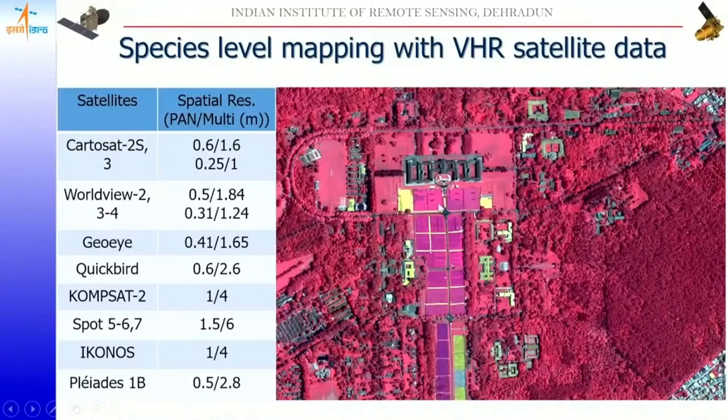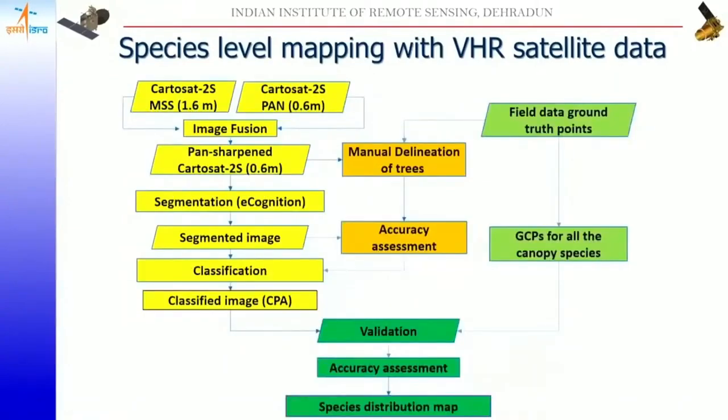But in the case study that I am discussing here, the interest was this particular triangle. Very high resolution satellite data is very important, and we can derive canopy level data for a particular species.